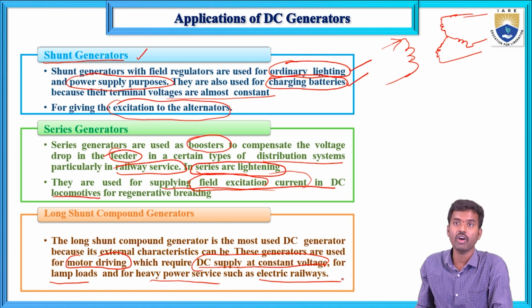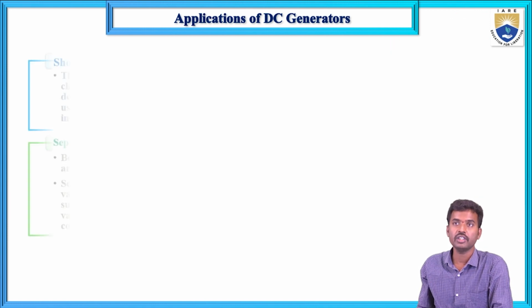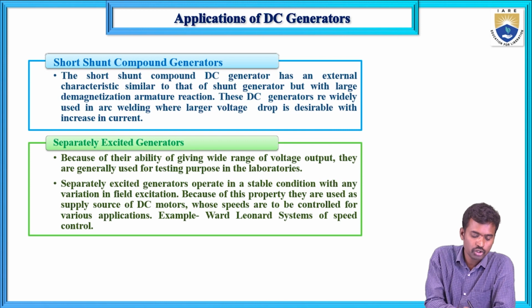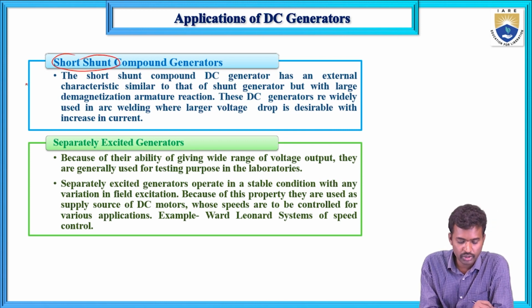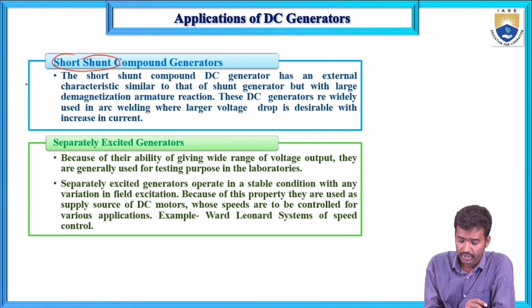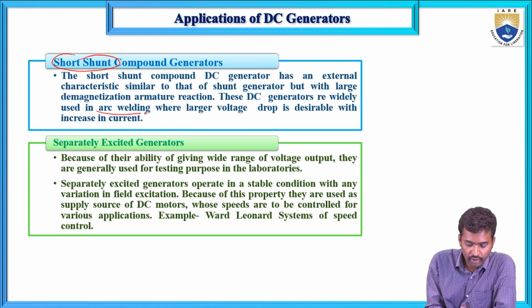And next, short shunt generators. They act as shunt generators and are used in arc welding, where a large voltage drop is desirable with increase in the current.